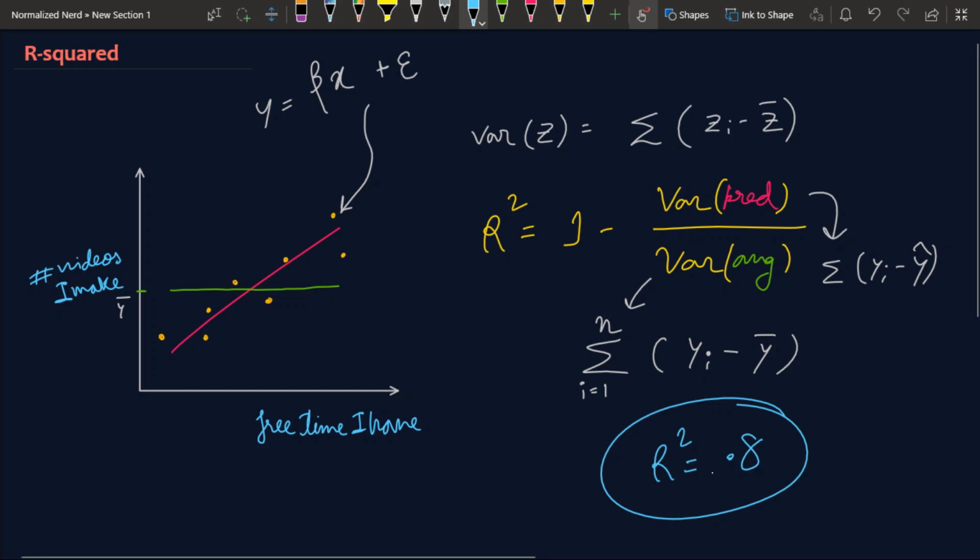And obviously, if you can explain a higher amount of variance through your model, then your model is a better model. That's why if your r squared is close to 1, then you consider your model a good model, and if it is closer to 0, then it is a bad model. So that was all for r squared.